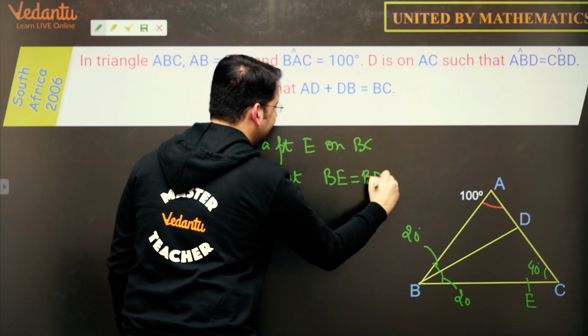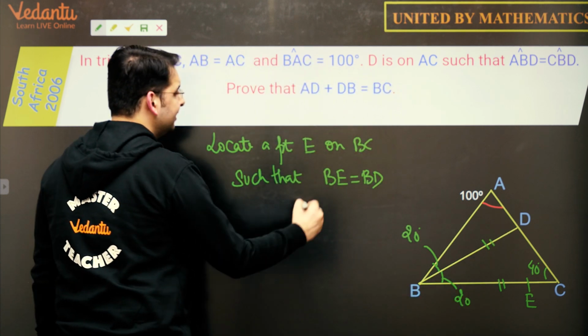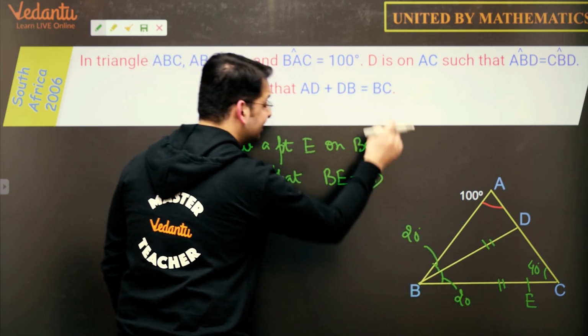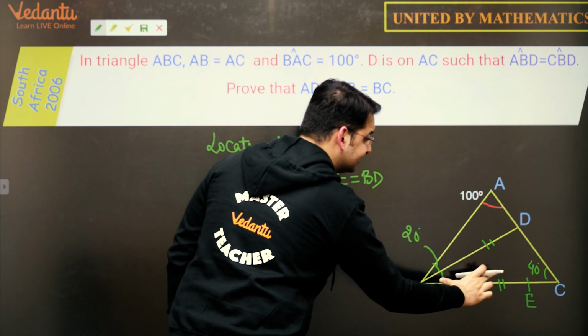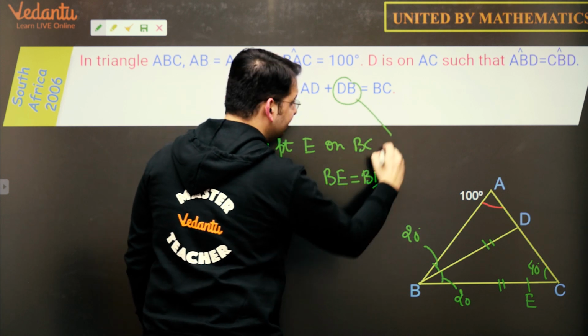So this length is equal to this length, and on BC, which is the larger length, I have located a point E such that BE is equal to BD.